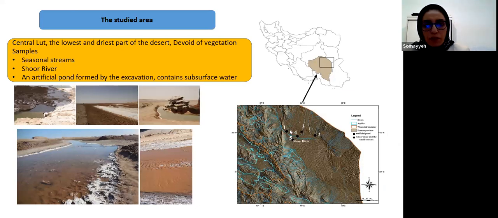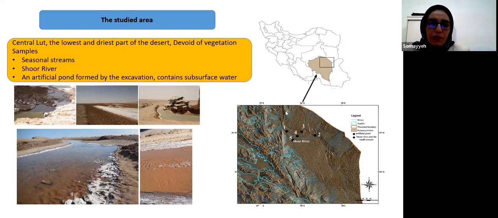So we chose the central part of the Lut, especially because it is the lowest and driest part of the Lut. It is devoid of vegetation, and in past it was told that it is devoid of life, but new findings show that there are some animal life like desert fox, lizard, insects, but most of them appear at night to avoid the extreme sunshine and temperature.